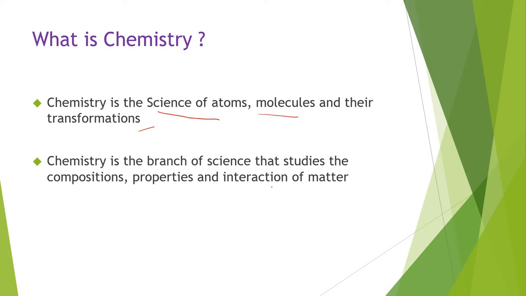Otherwise, it's a branch of science that studies the composition, properties, and interaction of matter. How matter interacts with other compounds, what their properties are, how they are composed, everything discussed in this branch of science is called chemistry.